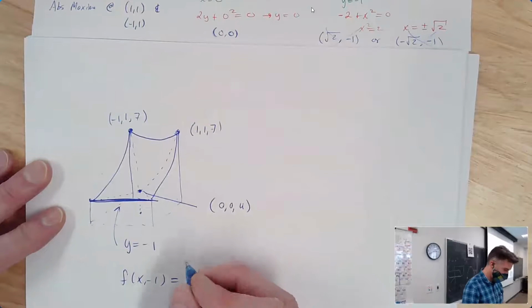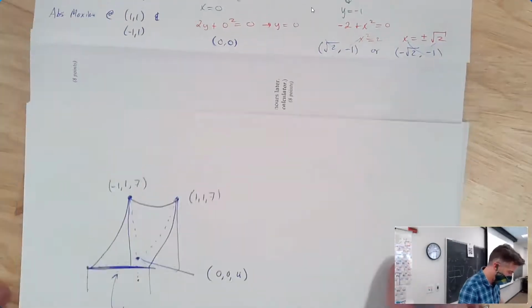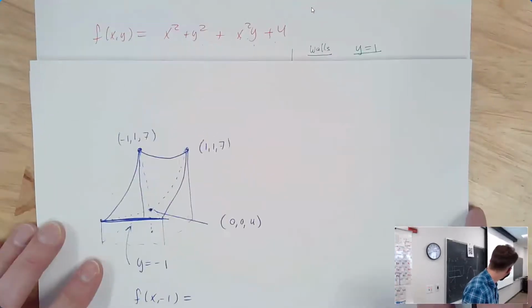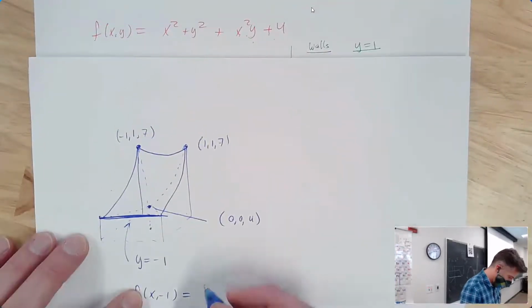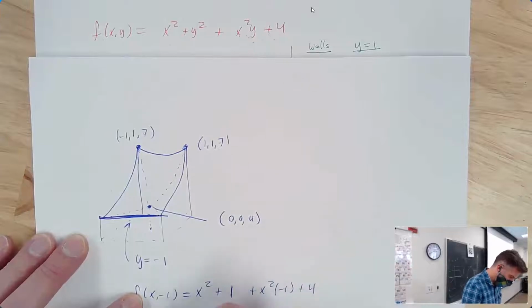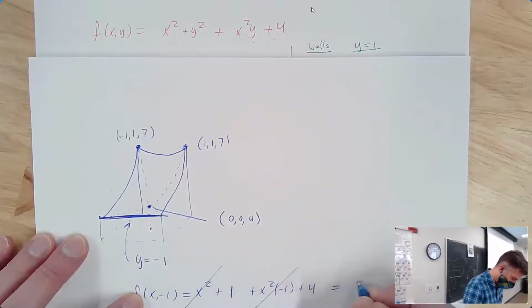I'm just looking back at the original for a second, sorry. If I plug in -1 for y, I get x squared plus (-1) squared plus x squared times -1 plus 4, and those end up canceling, and I just get 5.